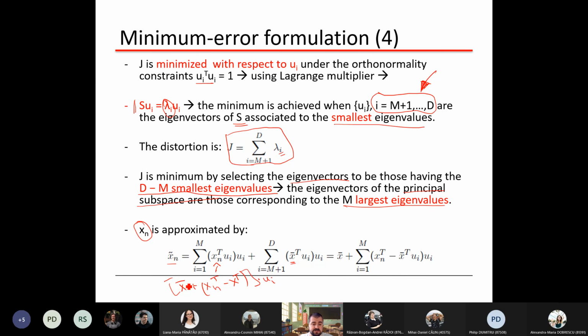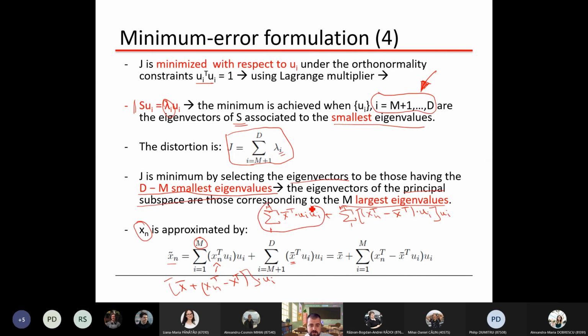So if I'm writing this for the dimensions from 1 to M, it means that I can separate this sum into two sums. So I will have the summation from 1 to M of the mean multiplied with UI multiplied with UI, plus the summation from 1 to M of xn transposed minus the mean transposed multiplied with UI and multiplied again with UI.